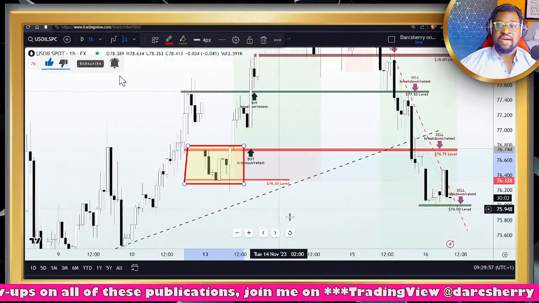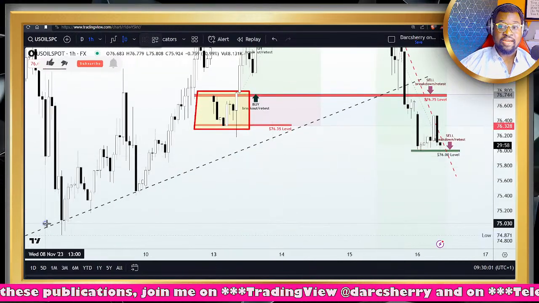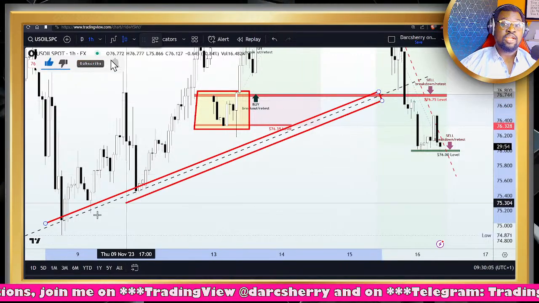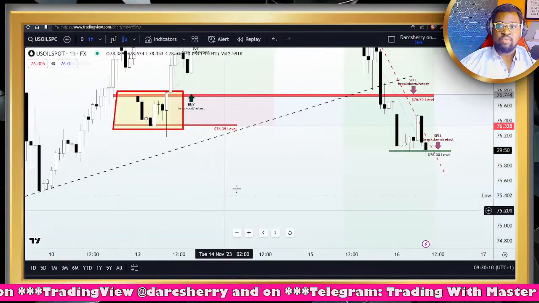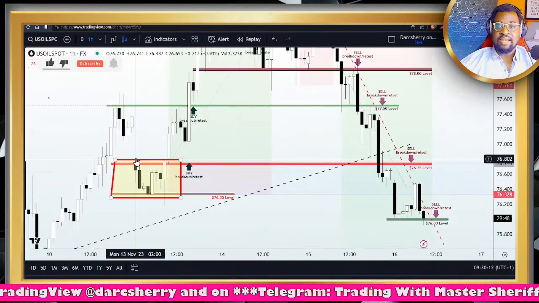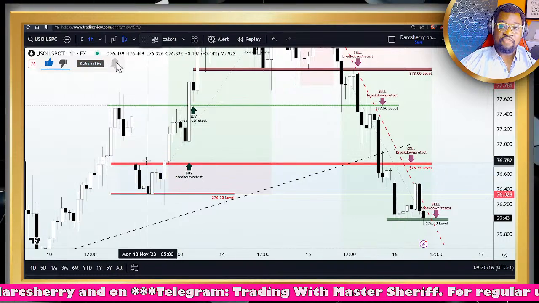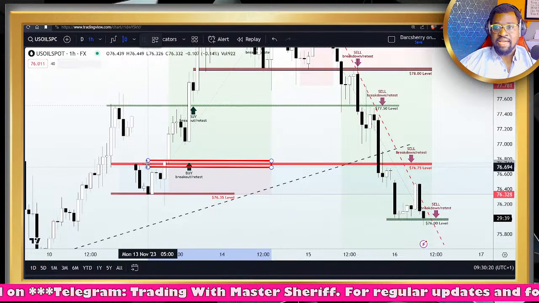Now, coupled with the fact that price action was sitting on a robust ascending trend line, which we spotted since last week Wednesday, we were looking out for buying opportunities. And in that regard, we positioned ourselves just exactly above the resistance line to capture our first buy position for the week. And since then, we have been buying this asset.